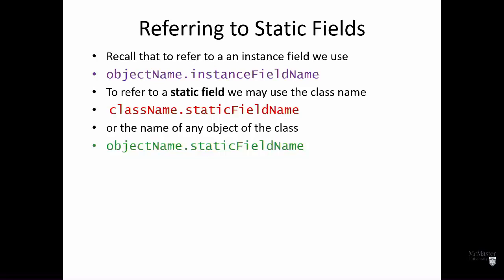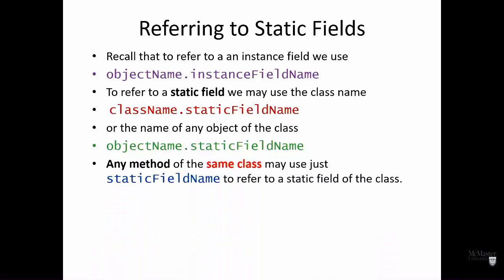What if I use the object name? What if I say int1 dot x, where x is a static variable? This is still allowed, but again it is going to refer to the same single location in memory. So you can access a static variable using either the class name or the object name. Good?